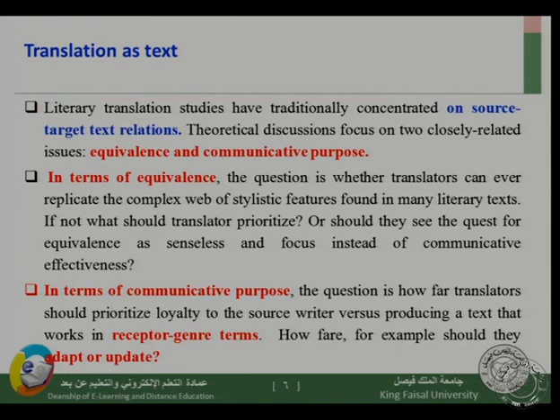Again, you need to look at translating the text in terms of communicative purpose. It means the question is how far translators should prioritize loyalty to the source writer versus producing a text that works in receptive genre terms. Now, you need to ask yourself, shall I be loyal to the Arabic source text, or shall I be loyal to the English target text?